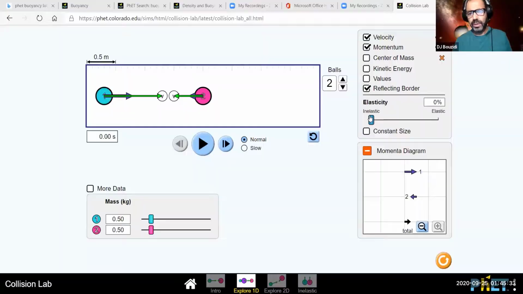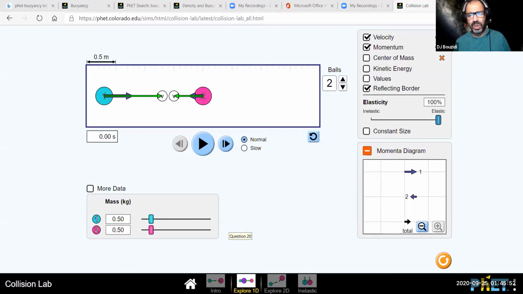The last part in here, we're going to go back in here and we're going to turn the elasticity to 100%, okay? And let's go back into the question to make sure I know what the question was asking. Now change the elasticity to predict the motion of the balls after the collision, okay? So now they're not going to stick, okay?